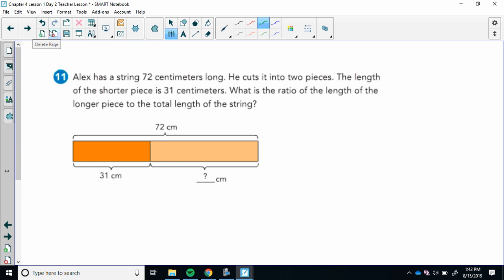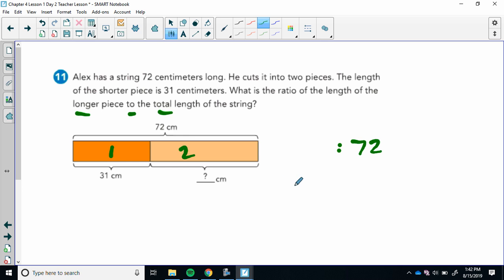Number 11, Alex has a string 72 centimeters long. He cuts it into 2 pieces, piece 1 and piece 2. The length of the shorter piece is 31. What is the ratio of the length of the longer piece to the total length? Well, we know the total length. That's 72. But they do not give us the longer.